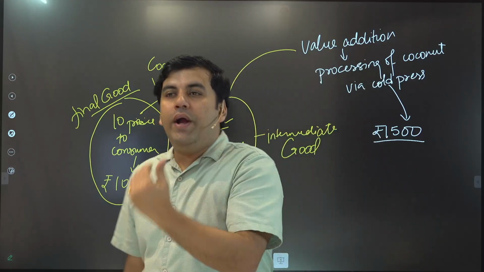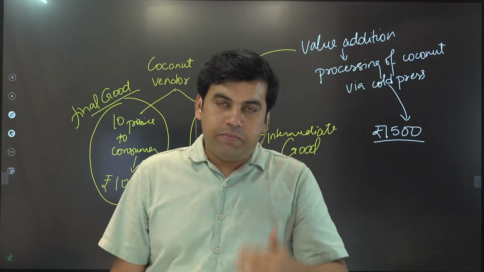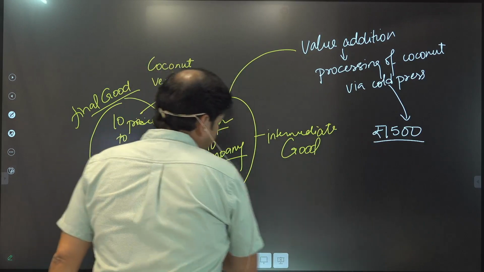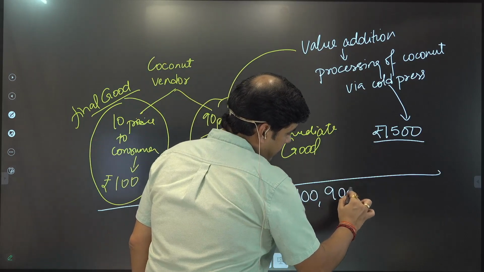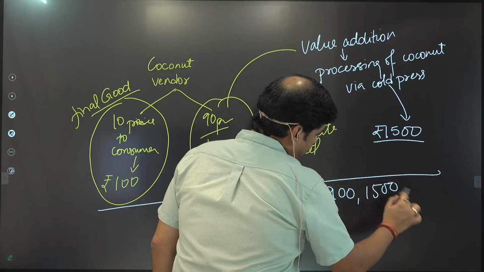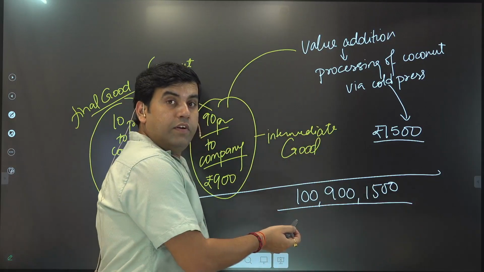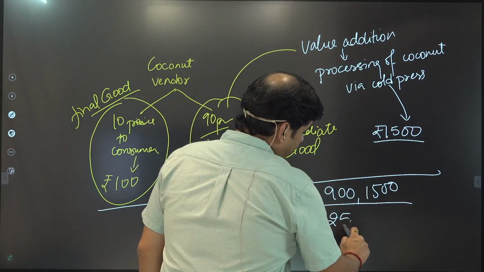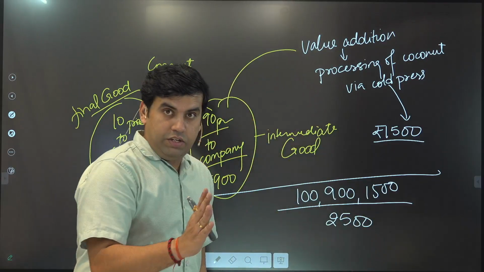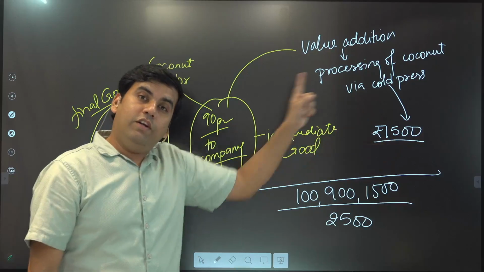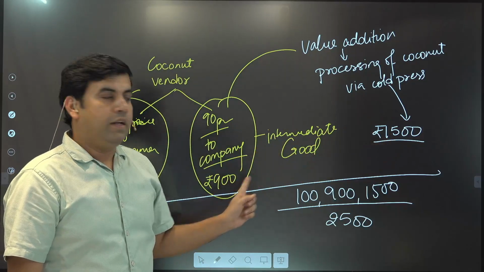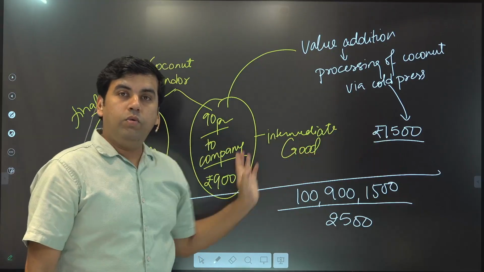Yes, avoid double counting. If I include all three, I will have 100 plus 900 plus 1500, which will be 2500. But don't you think this 1500 also includes the 900?